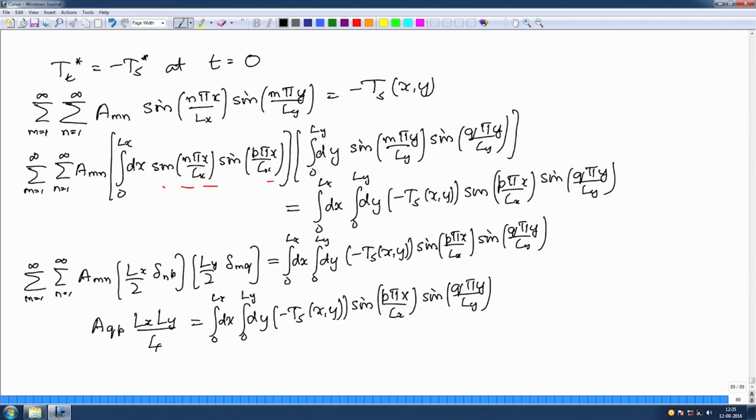So, with this, knowing the form of the steady temperature, you can now determine what these coefficients are.